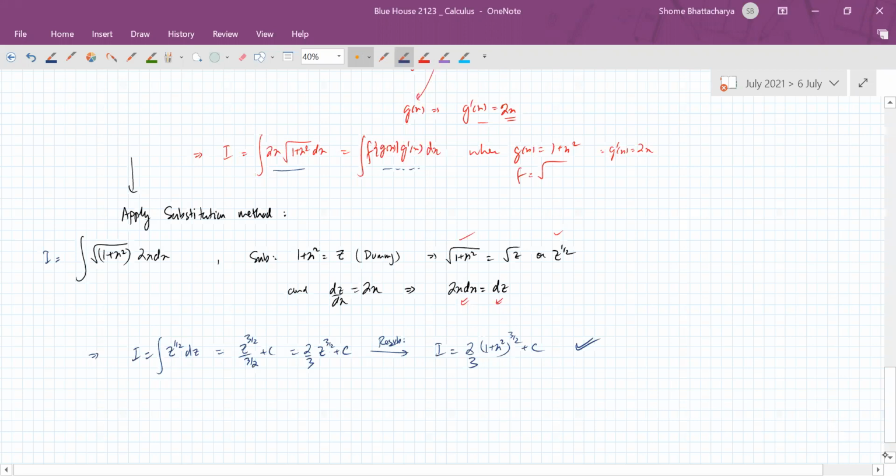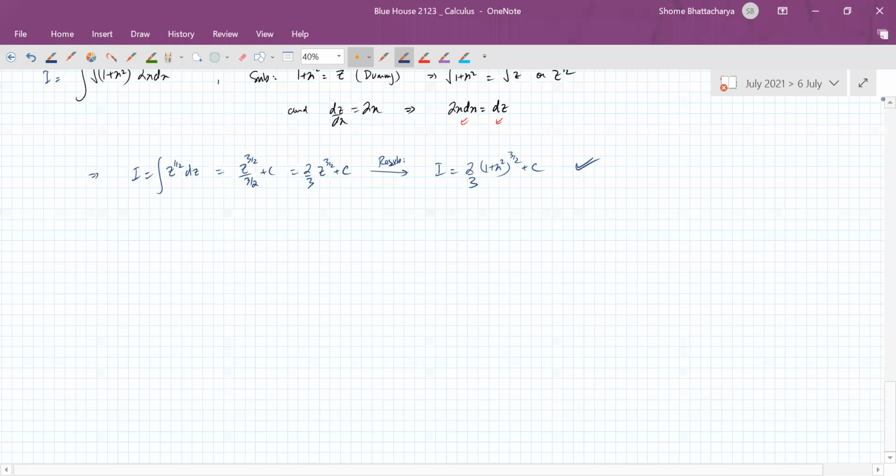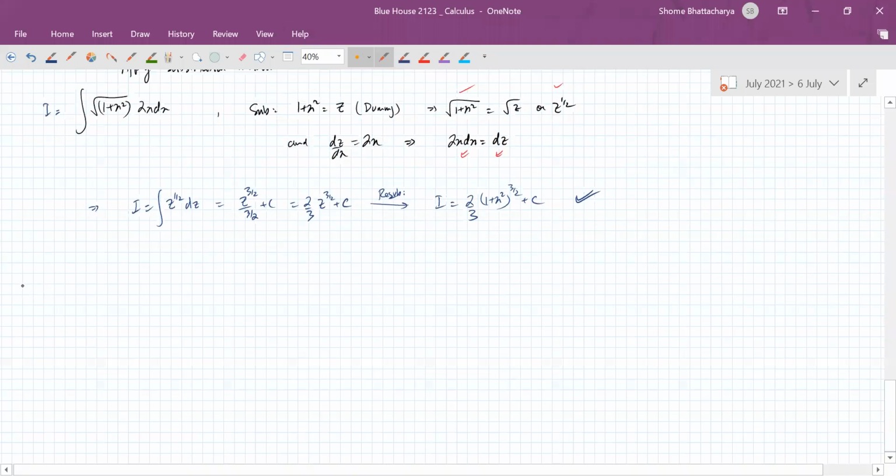So now, after you complete this particular integration and all the steps, try out these next few. We are just learning till substitution, integration by substitution.